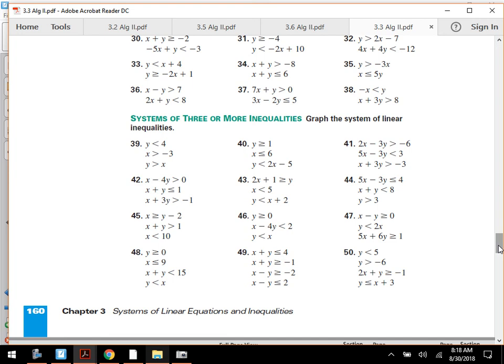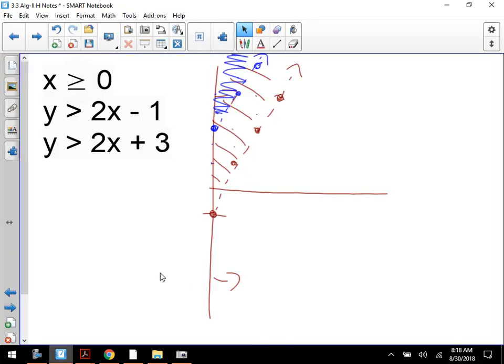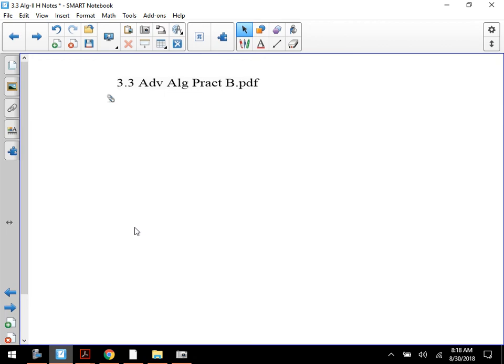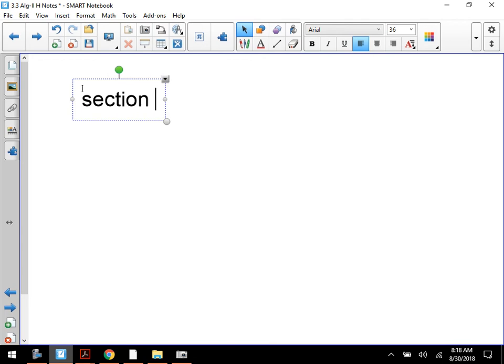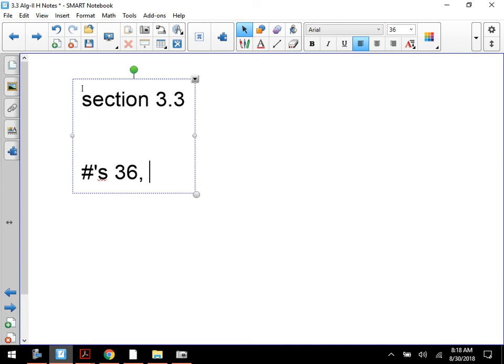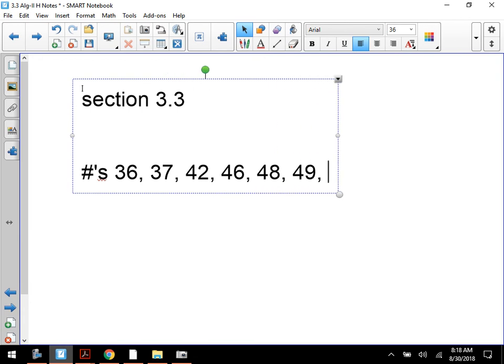I'll rewrite it down. I'm trying to mix them together and not give you pretty crazy ones. So this is section. Do not use graph paper.